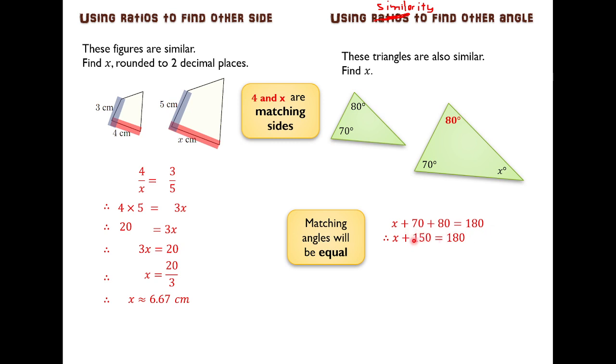The opposite of adding 150 is subtracting 150. Notice that the plus 150 has turned into a minus 150 on the other side. Now I can write this whole equation again, replacing 180 take away 150 with the answer, which is 30. So x is 30 degrees.